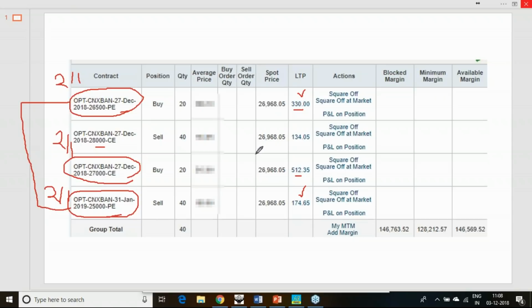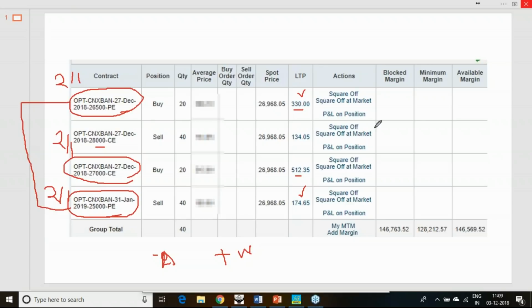By this process, technically speaking, on the put option side I'm creating a slightly negative delta. And on the call option side the delta is slightly positive, and both together give me 0.